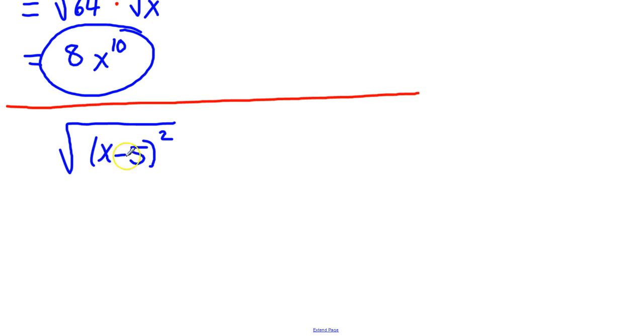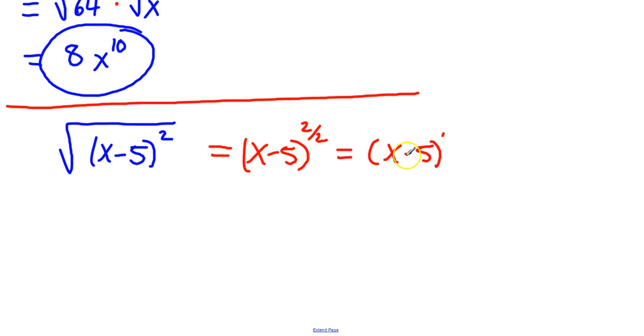Now you've still got the variable, and again, we're still assuming that's the second power. You've got x minus 5 squared, so for that one, if you think about it, it's to the second power, but now you're going to divide it by 2. So that's just x minus 5 to the first power. If it's to the first power, it's just that answer. So that would just be x minus 5.